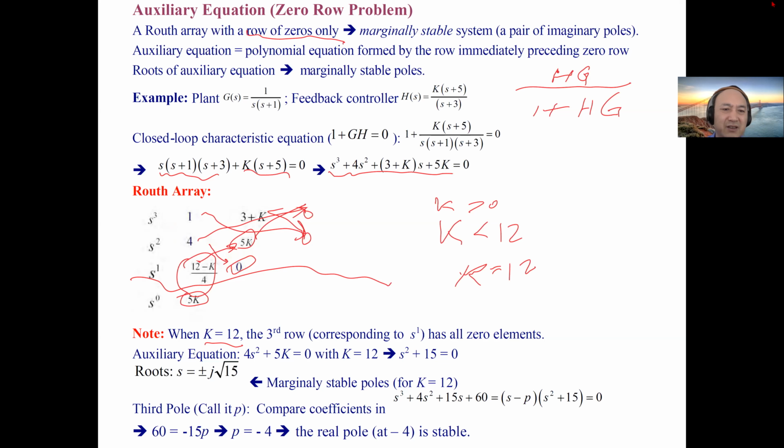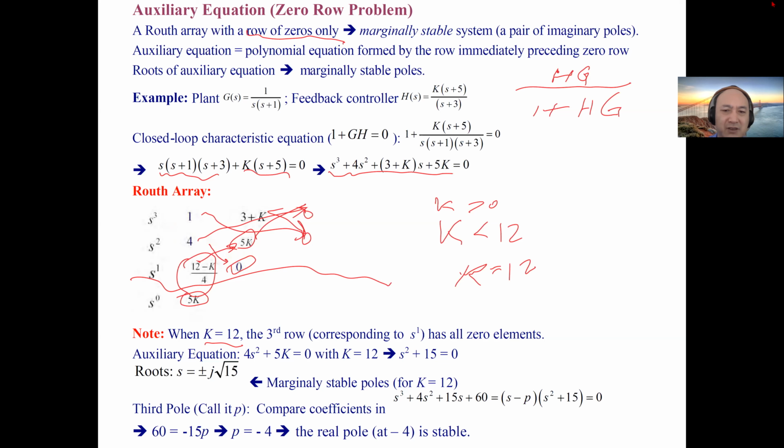So in this case, I can write the auxiliary equation like 4s squared plus 5K is 0. That is, K is 12. So you end up with s squared plus 15.